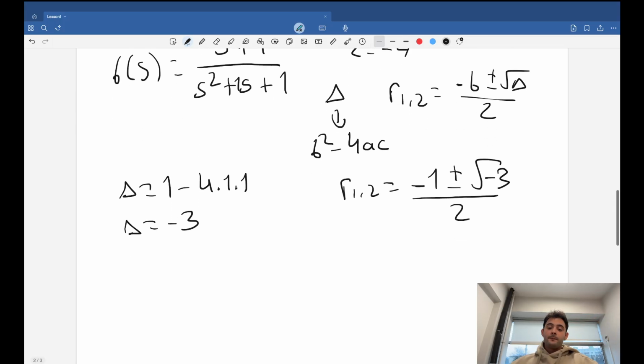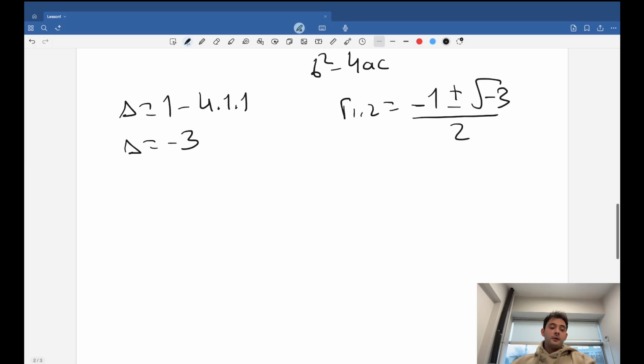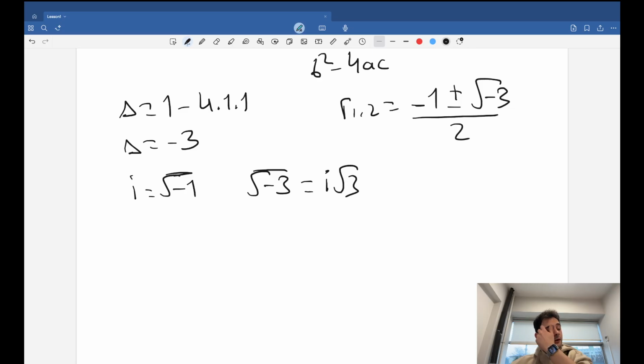Since you all know i equals the square root of minus 1, we can say the square root of minus 3 equals i times the square root of 3. So if you get i inside, you will have this value.